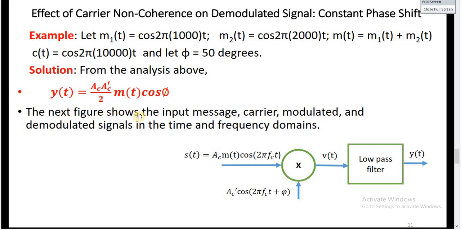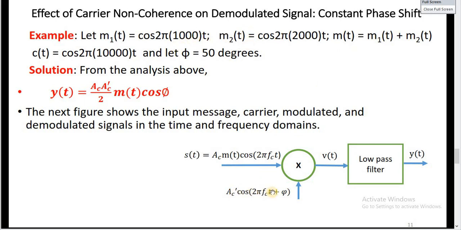The next figure shows the input message, the carrier, the modulated and demodulated signals in the time and the frequency domain. This m of t is the sum of two harmonic terms.